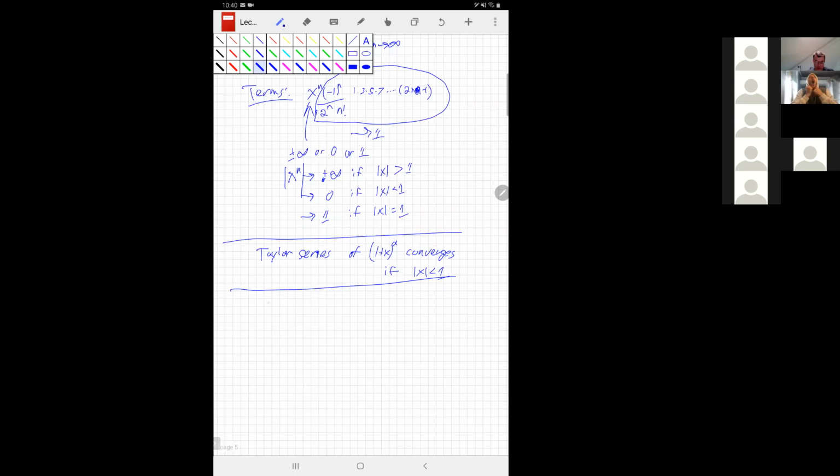Oftentimes, we want to compute a distance. And so we compute that distance using the Pythagorean theorem. So in optics and anything else involving waves, you often wind up getting expressions like e to the i k square root of, say, r squared plus z squared, or e to the i k square root of r squared plus z squared minus r.